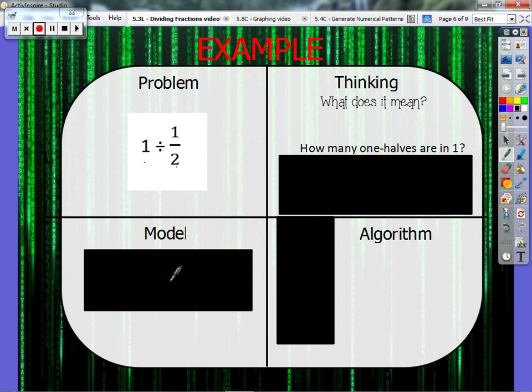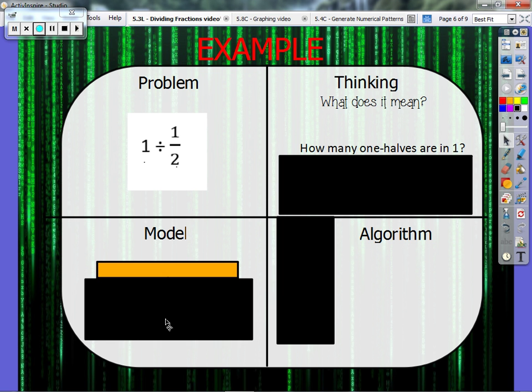And so we're going to move into the model here. And when we move into our model, you notice that we're starting out with 1 whole first, because what we have up here, we have 1 whole. So we're drawing 1 whole. And we know that we're splitting up our whole into half.